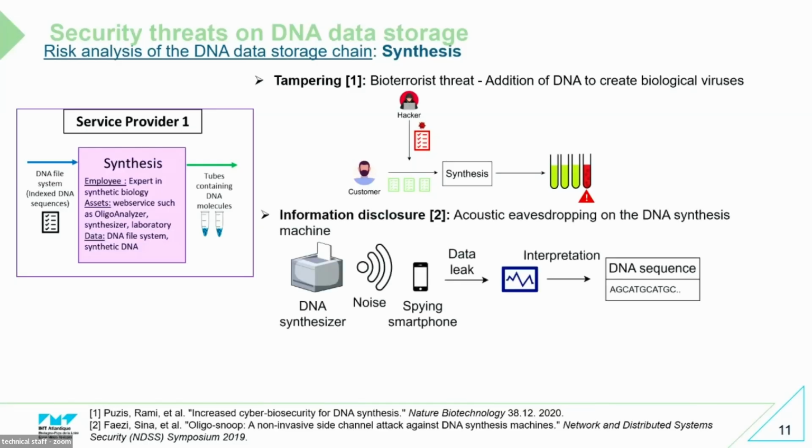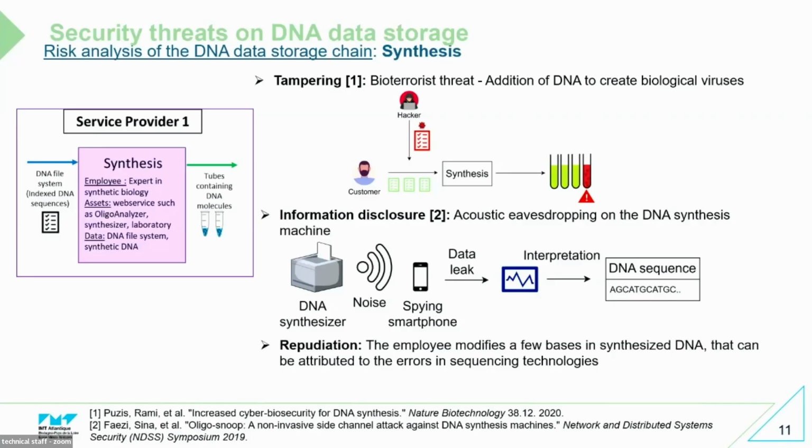Another published attack consists in spying on a DNA synthesizer by placing a smartphone near the synthesizer, and by recognizing the specific noise patterns, an attacker can guess which nucleotides are being synthesized and thus steal some data. Other attacks include distributed denial of service attack, which means overwhelming a synthesis machine by sending many requests to hinder its activity.